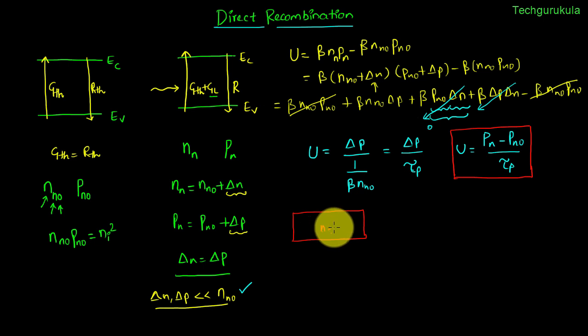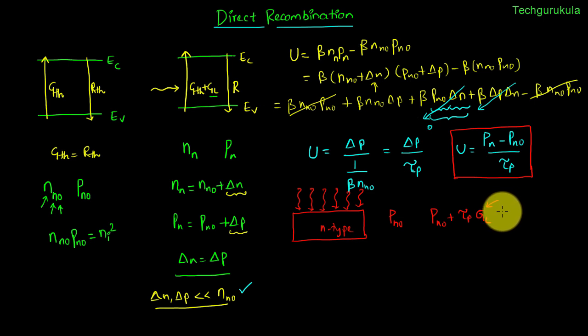Let's say this is N-type semiconductor, and we are shining light across the semiconductor uniformly, so that the minority carrier concentration Pn naught under equilibrium would actually become, because we are shining light, Pn naught plus the lifetime of carriers tau P times GL, the generation because of the light excitation. GL basically tells us the number of electron hole pairs generated per unit volume per unit time. So we have time units here.